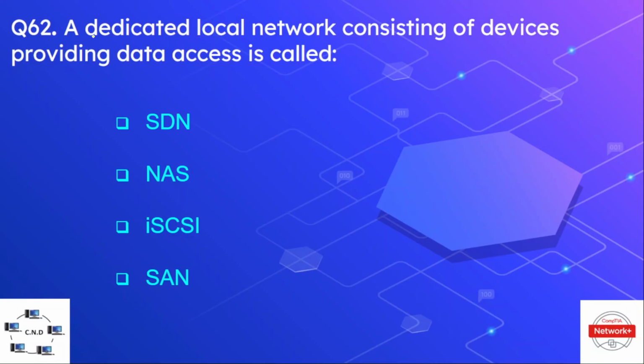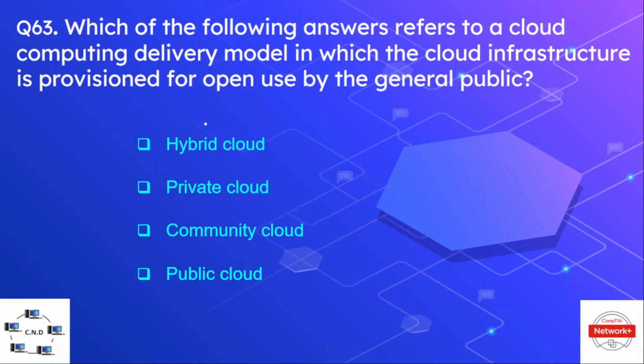Question number 62 is that a dedicated local network consisting of devices providing data access is called, and the options are SDN, Software Defined Networking, NAS, Network Attached Storage, iSCSI, and SAN, Storage Area Network. So we are talking about the data access of local network connecting devices. So the correct option is SAN or Storage Area Network.